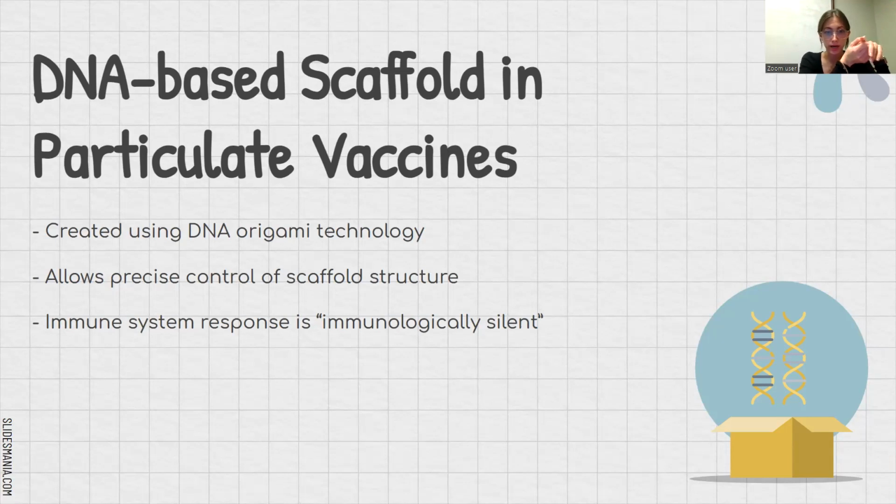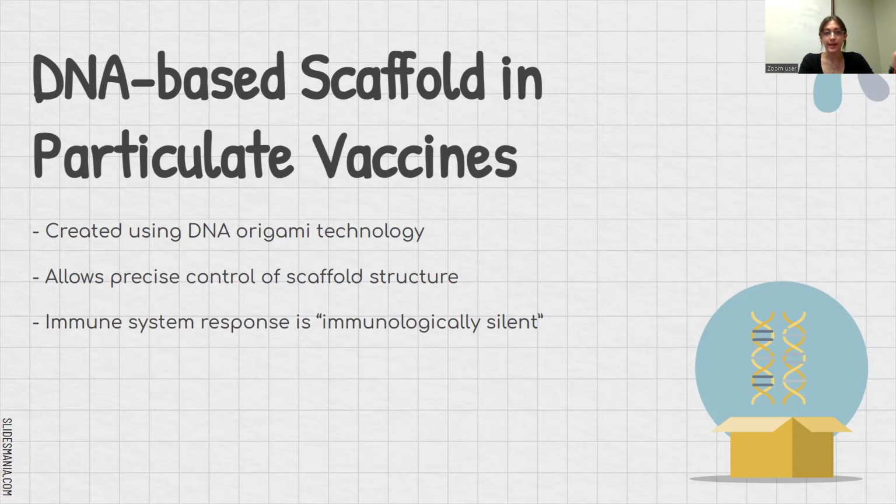And they made it so that there were no antibodies produced against the DNA-based scaffold and only against the antigen, which here is the spike protein. And that's good. That's exactly what we want. So basically the adaptive immune response is not being distracted here. That's super cool, because I don't think we've found anything like that.